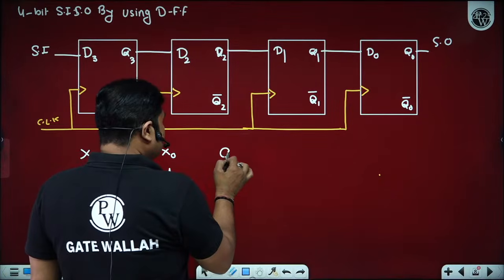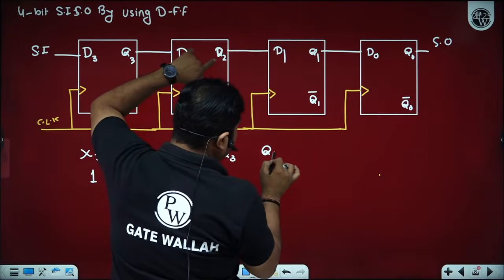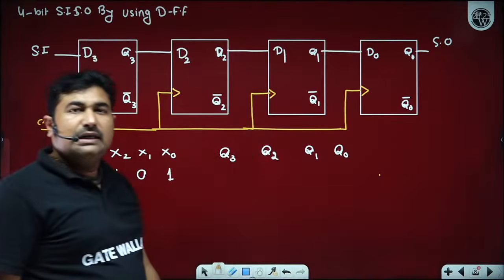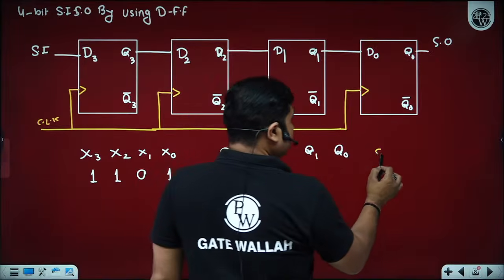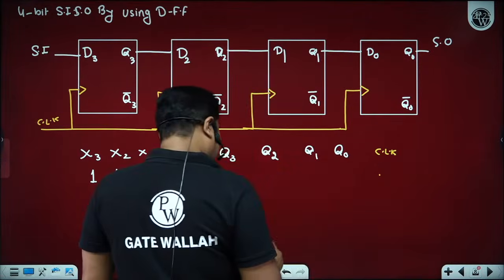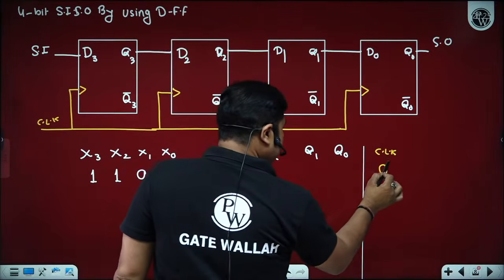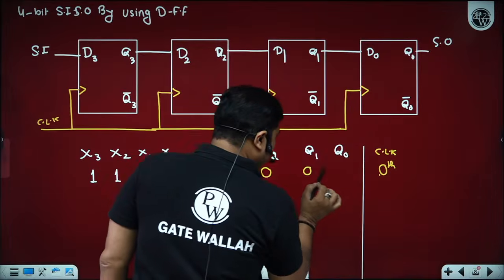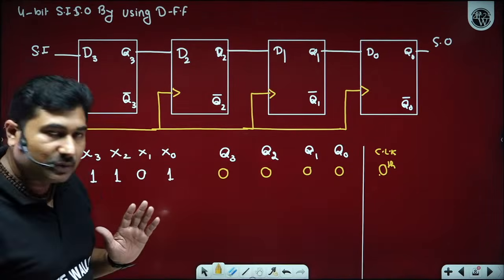So the digital register will have storage at Q3, Q2, Q1 and Q0. Is it okay? Initially, before applying any clock pulse, we can make the register empty, or you can say the register is reset to 0, 0, 0.